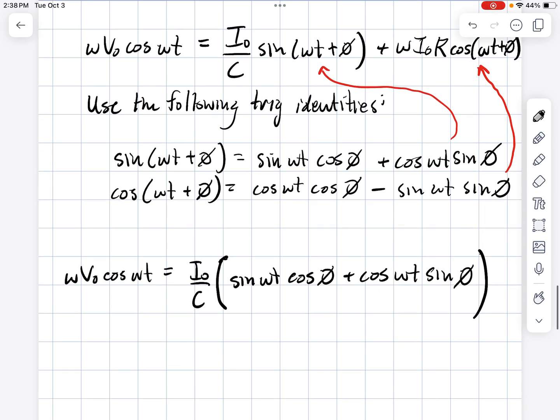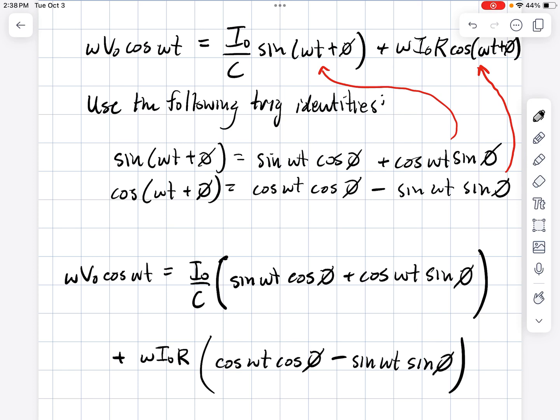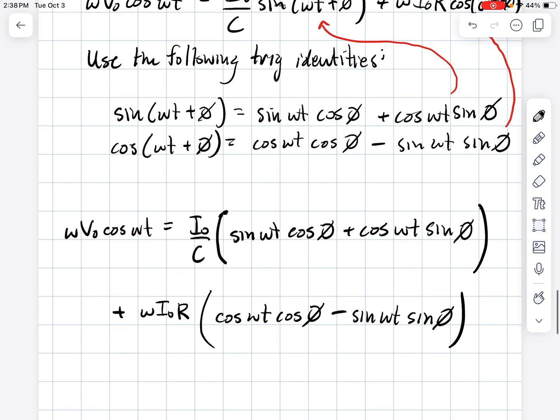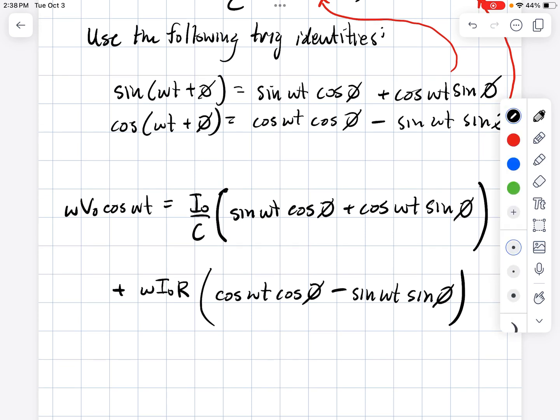And then we have plus omega I naught R, and then we'll just write out the other identity. Cos omega t cos phi minus sine omega t sine phi. All right, and so it's not clear yet why this is a useful thing to do, but if we look at this a little bit carefully, what we can find is that now what we have are some common factors.